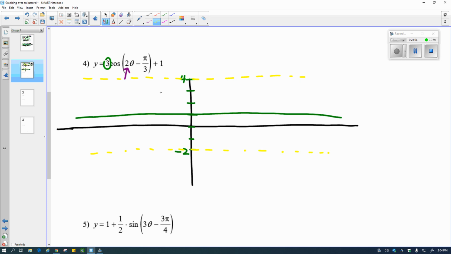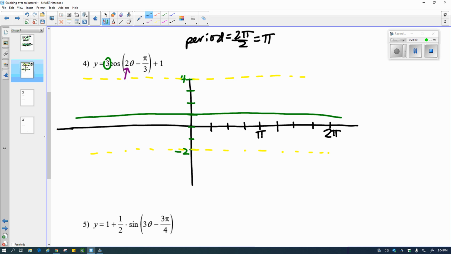and then I'm going to work through the period and the phase shift. So the period of this graph is 2 pi over 2, or pi, but remember I have to go to 2 pi. So 1, 2, 3, 4, that's going to be pi. So I have to do a second one, and that would be 2 pi.